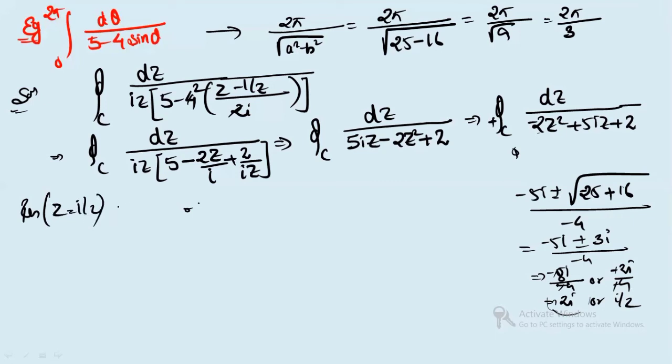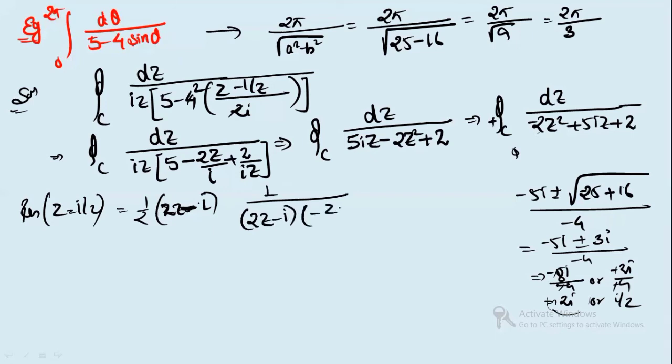You will write 1 by 2, 2z minus i, and the function is 1 by 2z minus i times (z plus 2i). And the limit is z tends to i by 2.